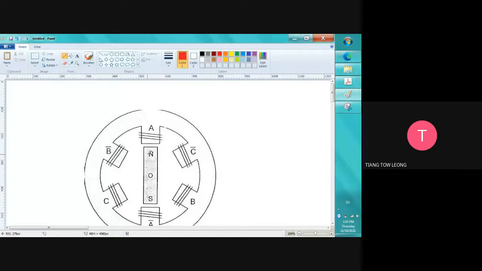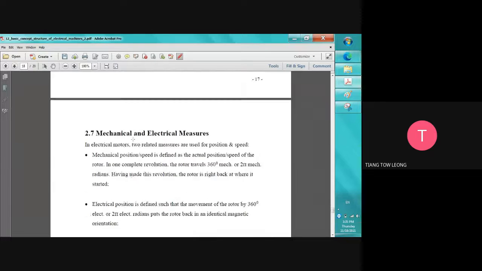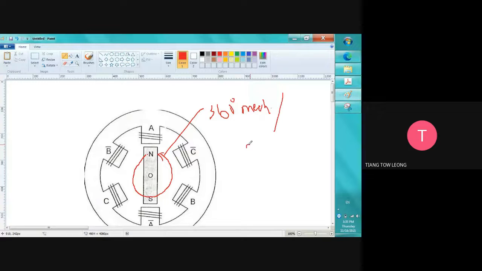If the rotor is running like this, one cycle, we call it 360 mechanical degrees, or 2 pi, but in mechanical.